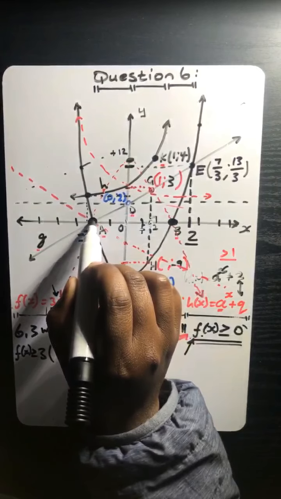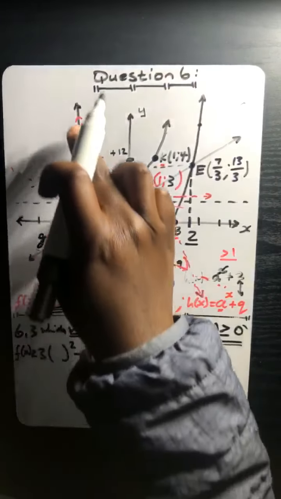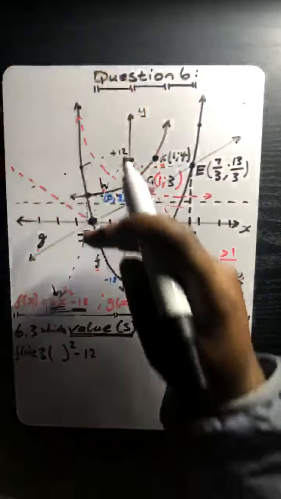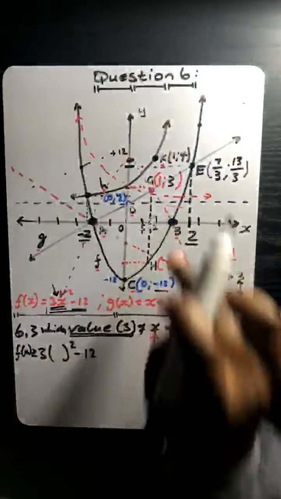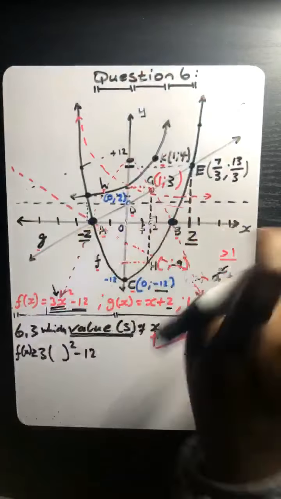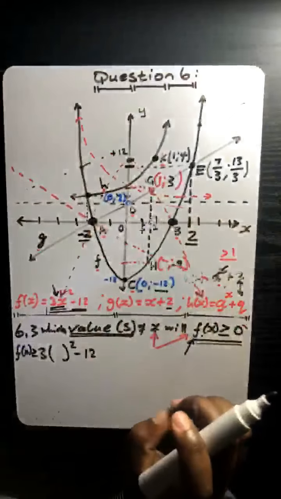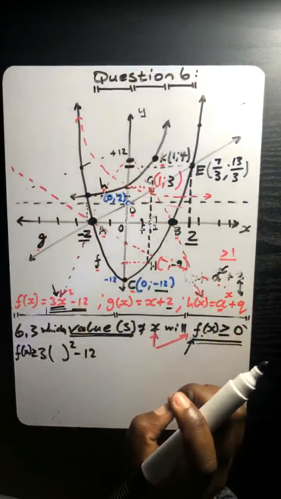going in that direction, this function increases towards where the y values are positive. Also from this point going in that direction, this function increases in the positive direction.